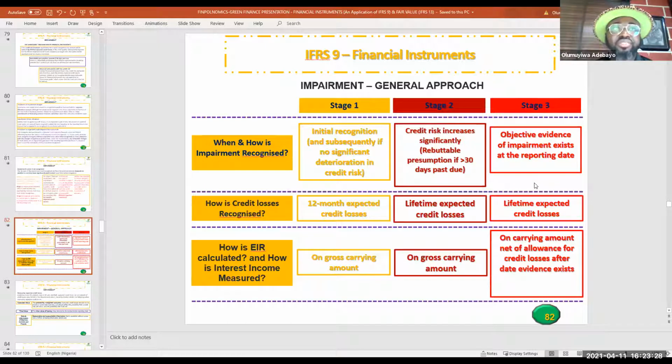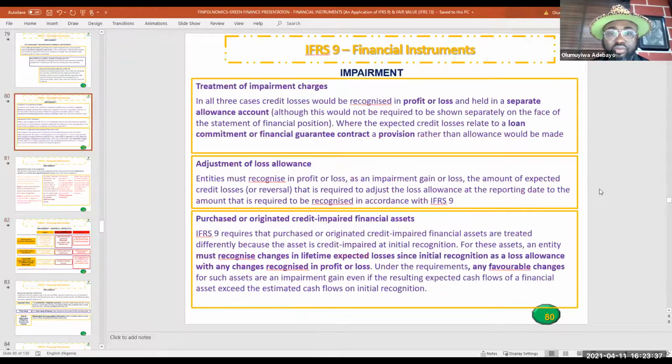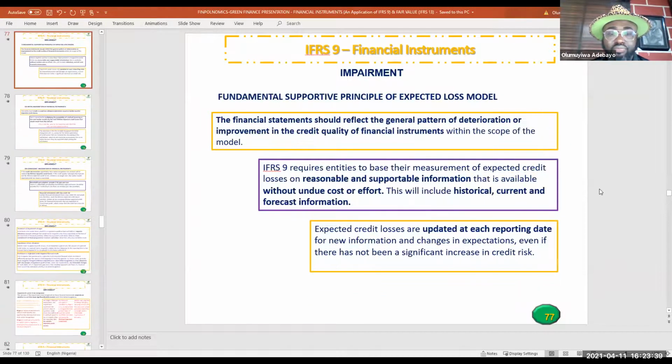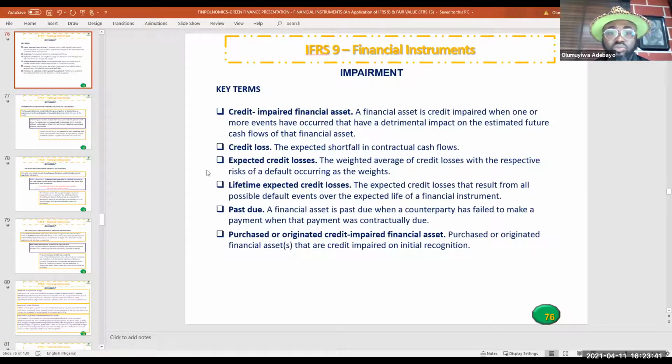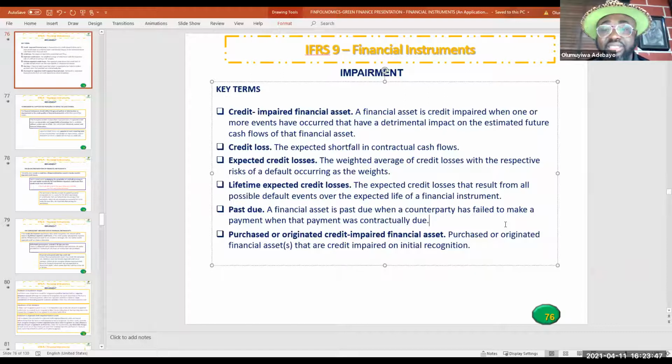Now let's look at 12 months. What is 12-month expected credit loss and what is lifetime? Now, if we look at lifetime expected credit loss, it is the expected credit loss that results from all possible default events over the expected life of the financial instrument.